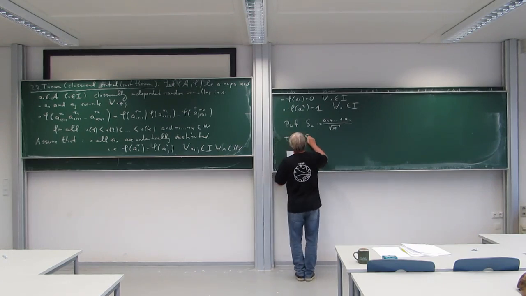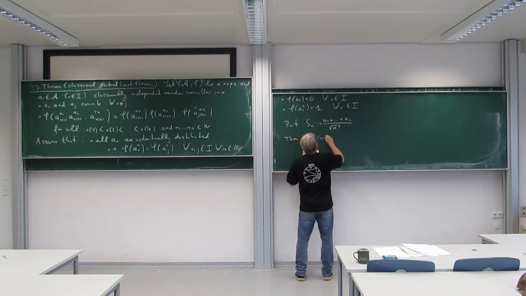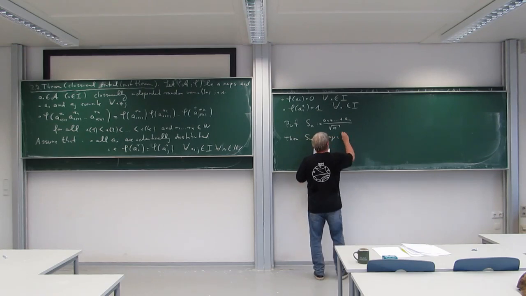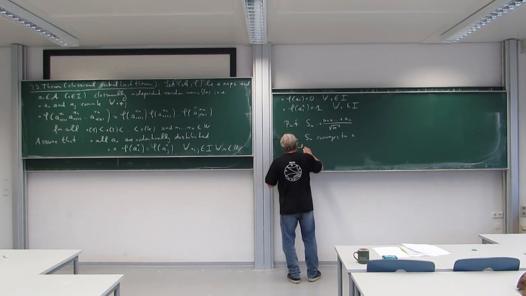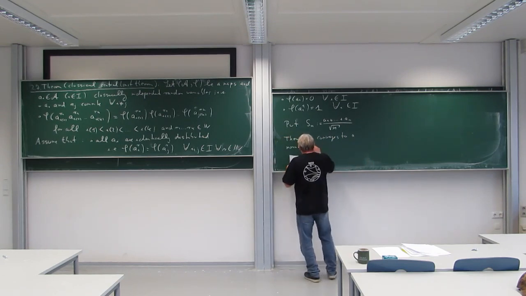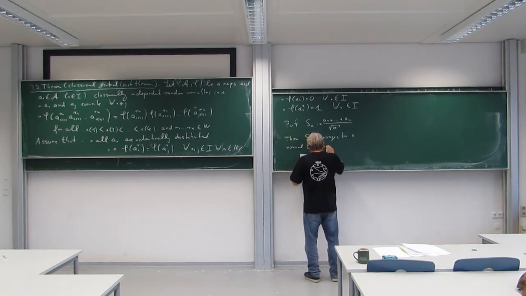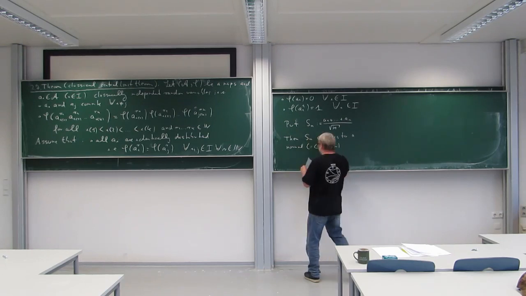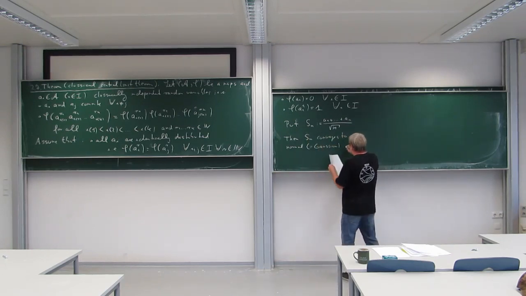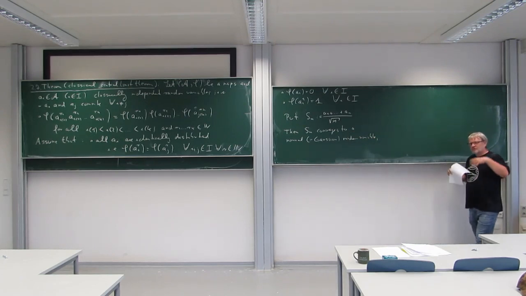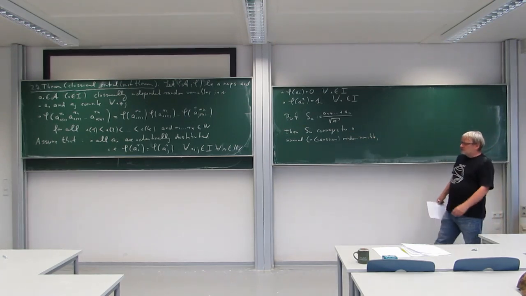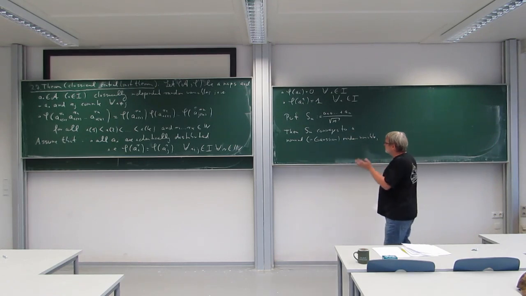So Sn converges to a normal variable. A normal variable in the sense of probability theory is a Gaussian variable. It's a specific variable with a very specific distribution. What do I mean by convergence here? Usually it's the convergence of distributions in a big sense.